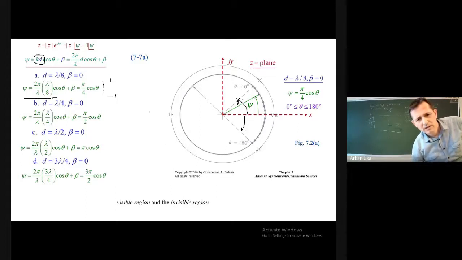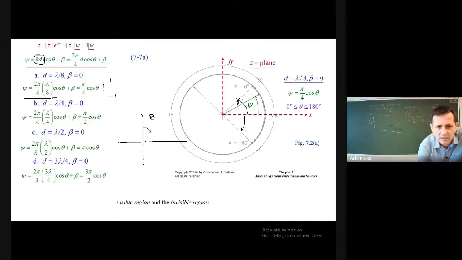The real space where we do the measurements is this one, and we want a null at an angle of 90. Then the constraint on psi is pi over 4 times cosine 90. Cosine 90 is equal to 0, so psi has to be equal to 0.